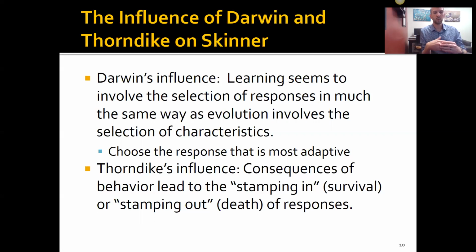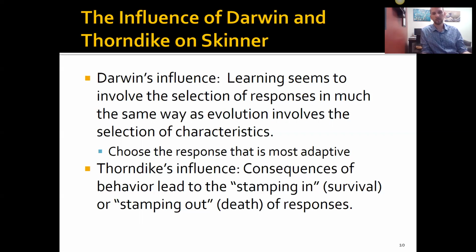So we're going to always choose the response that is most adaptive. It's that same idea, instead of passing along from generation to generation, it's just thinking, okay, across an organism's life, they're going to learn to behave in ways that are generally adaptive.